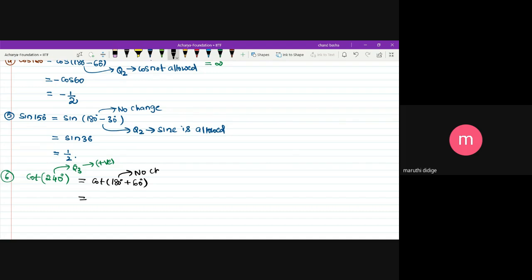So cot 60, which is 1 by root 3. Quadrant number 3 is the place of cot theta, so it is 1 divided by root 3. Very good. That's it for today, guys.